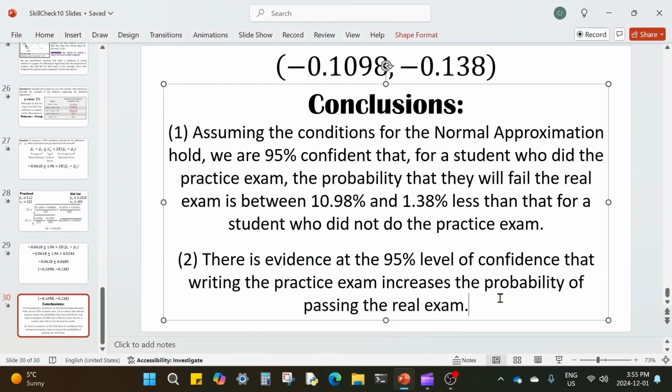Let me add that in there. What I mean by negative is both the lower bound and upper bound are less than 0. So 0 is not in there, and the true difference is some negative value.